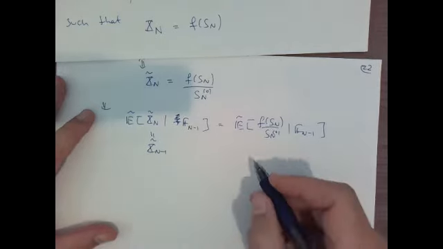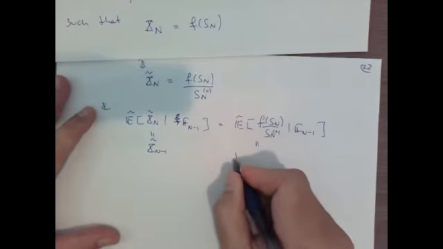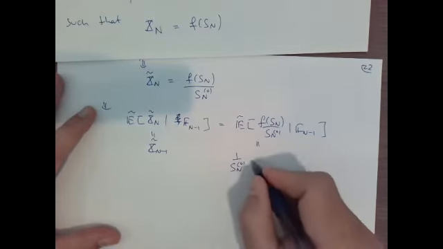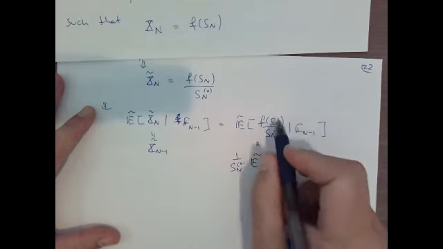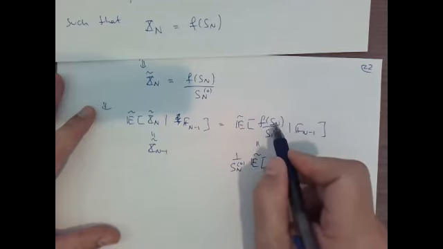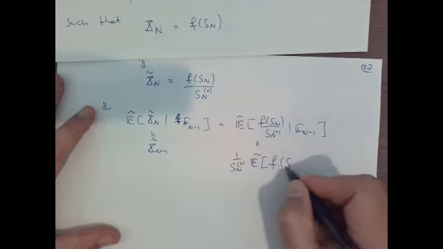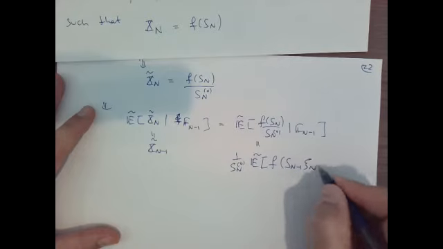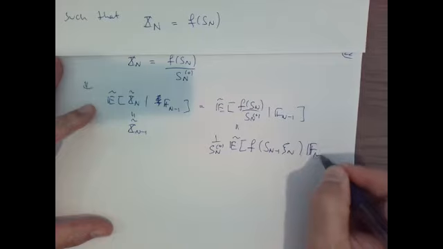Here I have the bank account. There's nothing random about it, so it can go outside. This is Sn0. And then I have a conditional expectation of f, and then I can make the connection between the stock price at time n and the filtration at time n minus 1. This is equal to Sn minus 1, and then you need the coin flip psi n, given Fn minus 1.